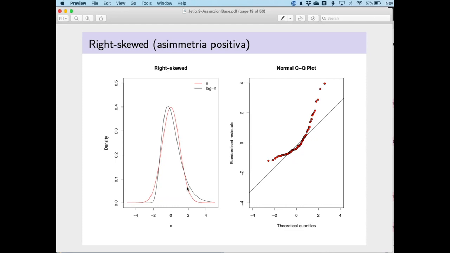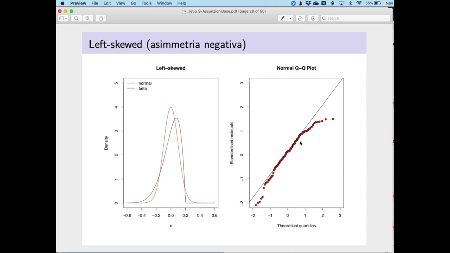And we have a lot of very high positive residuals, and the negative residuals are fewer than in a Gaussian. So we have a low number of negative residuals and a high number of positive residuals. And that's why you see that we are staying up above the diagonal.